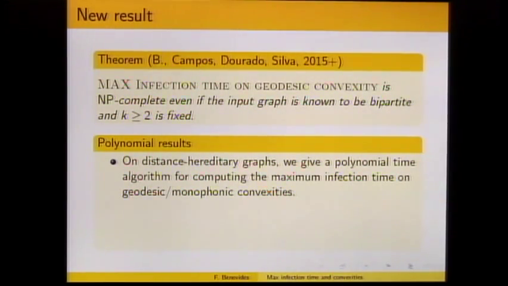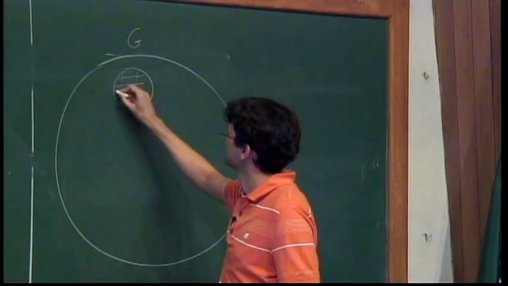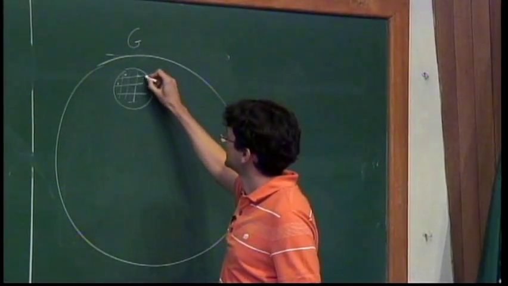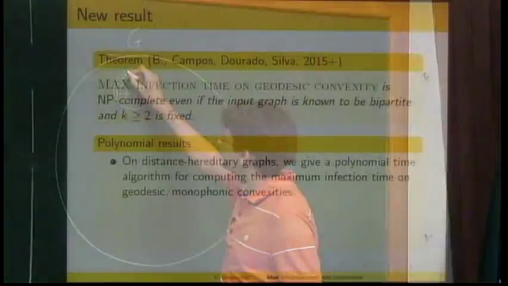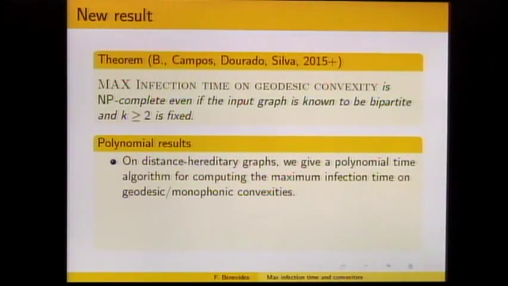We grab any clique in your graph, which is a set of vertices in which you have all the edges inside, and we use this clique to break the graph into two pieces.